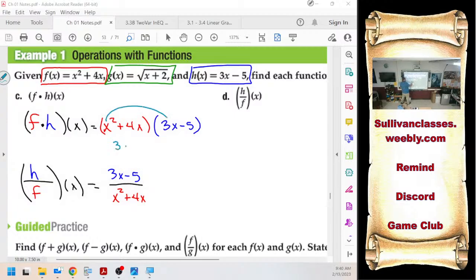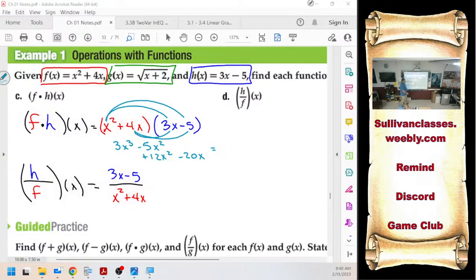I've got 3x to the third minus 5x squared plus 12x squared minus 20x. Okay, make sure you hit all of your terms. If you're going to use box method, spaghetti monster, stack them old school multiplication, whatever your jam is.